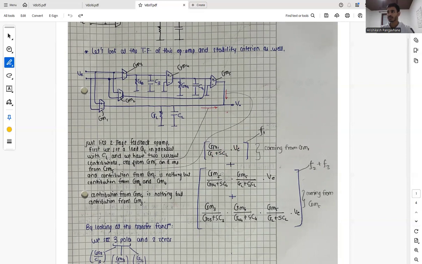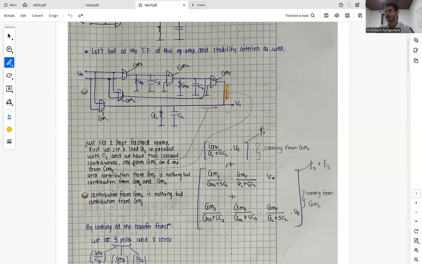And now similarly, from GM5 we have two currents, and these two currents are this one and this one. So what are these currents? The one coming from GM2 is GM2 divided by the conductance associated with it times the total voltage, and similarly coming from GM5, the current comes over here.